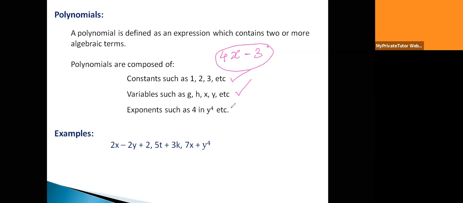But we do have exponents. I hope you guys know what exponents are. We have a number and at the top, at the power. So we have variables, we have constants, we do have exponents in the polynomial.